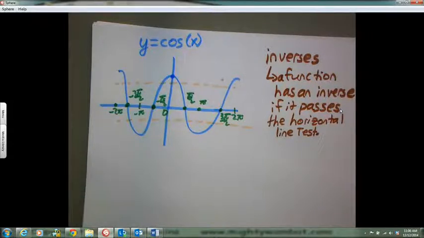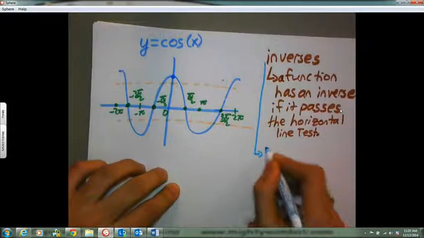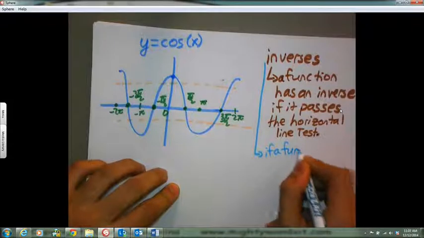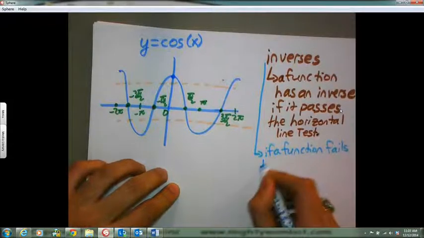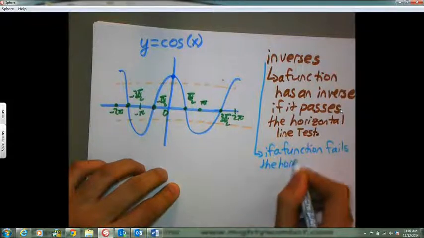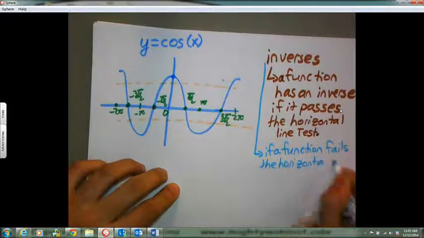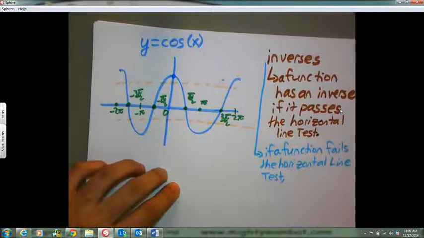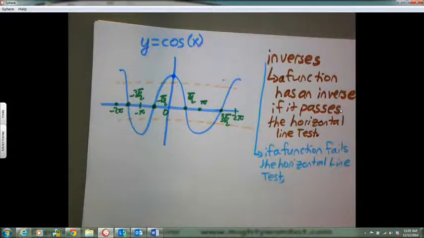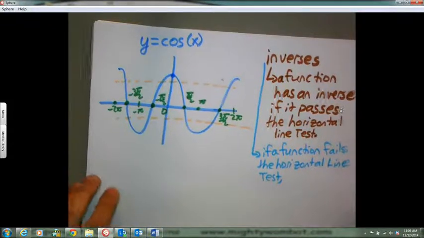And we said in Unit 2 that if we had such a problem, if a function were to fail the horizontal line test, we could restrict the domain. You all might remember the domain restrictions.